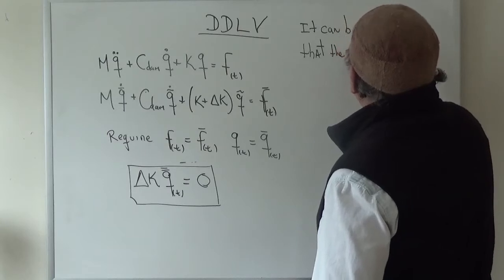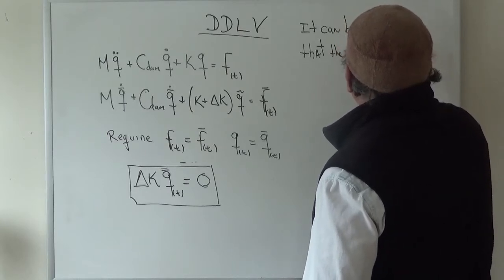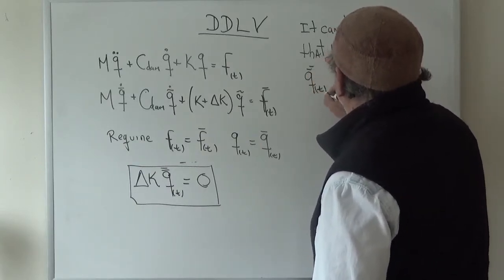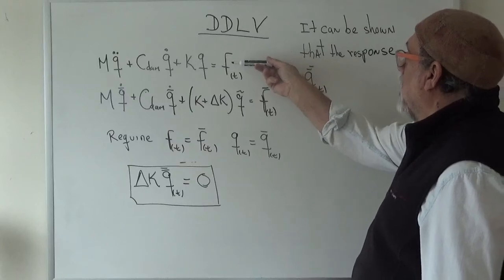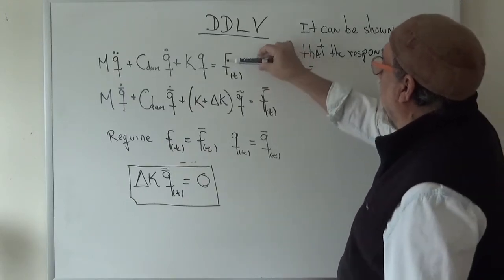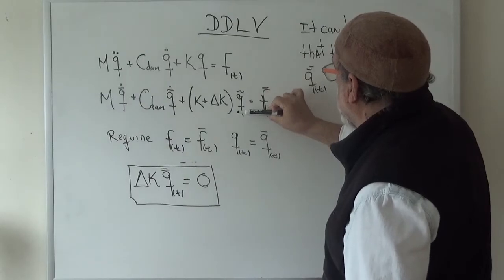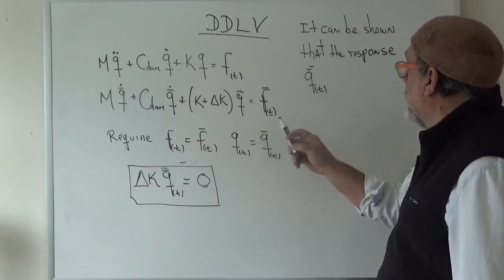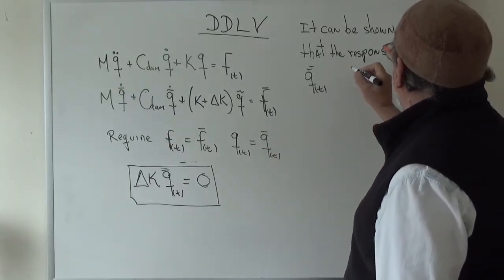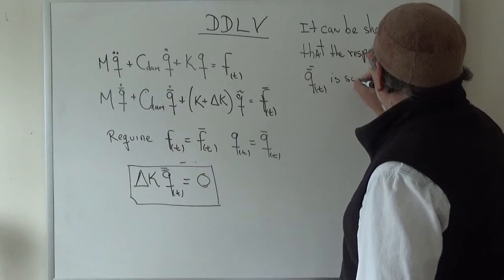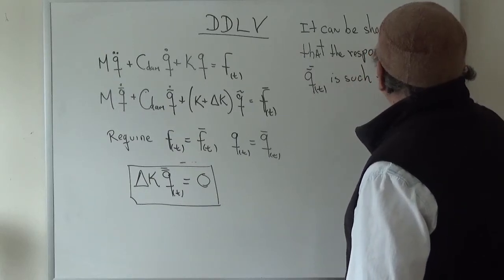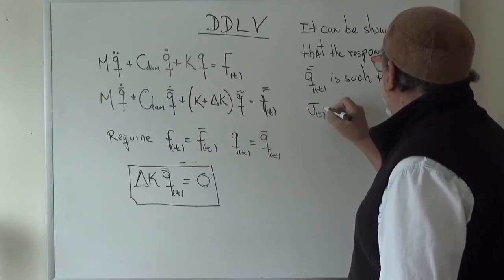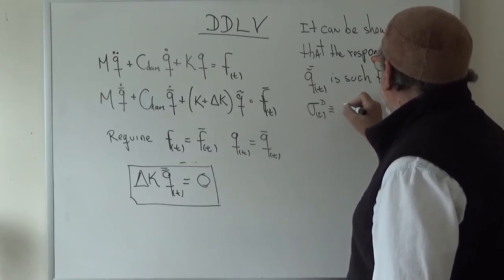the response Q double bar T, that is the response for which the system in the healthy state and in the damaged state is the same response, even though this matrix is different and its loads are different, is such that sigma T in the damaged region is identically 0.